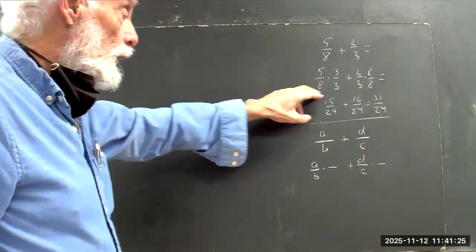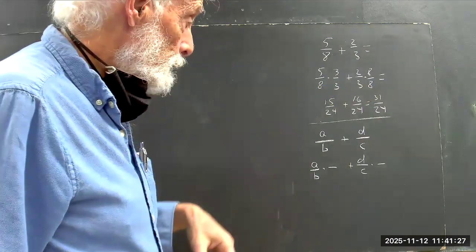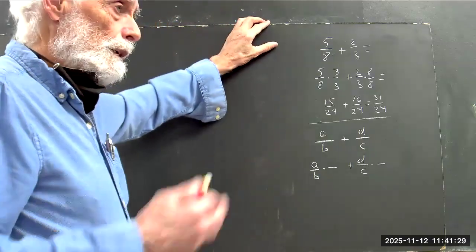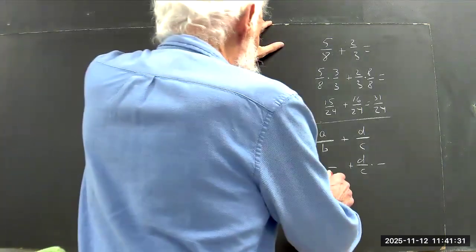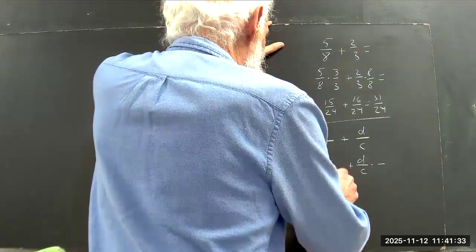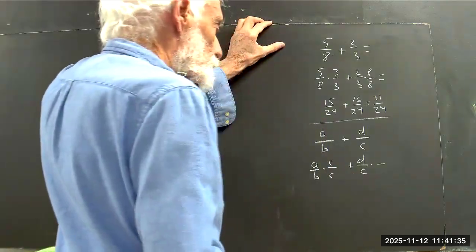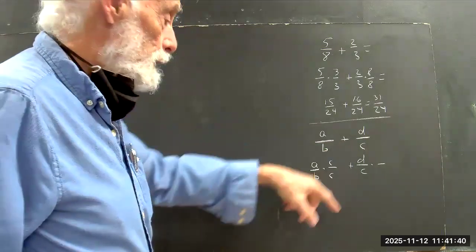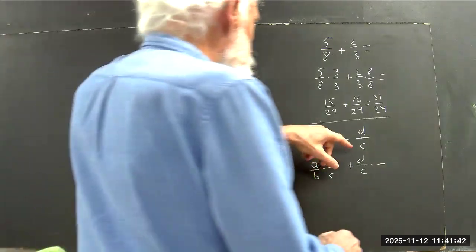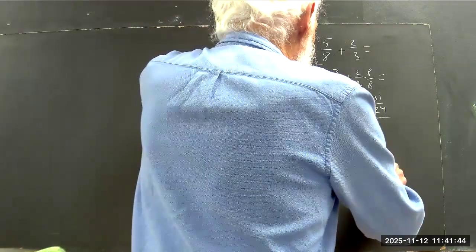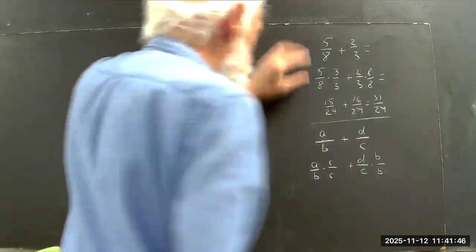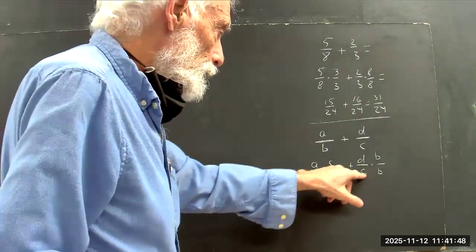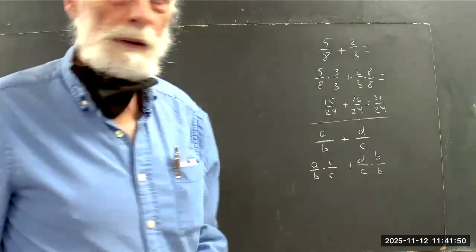Okay, well, we want to get a common denominator. We want to get the same denominator. And everybody saw that we get this by multiplying this one by c over c, because the denominator has to have a c in it. So there we have it. And the denominator also has to have a b in it. So we'd better multiply this one by b over b.